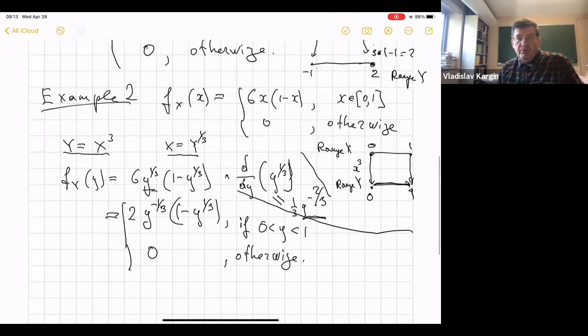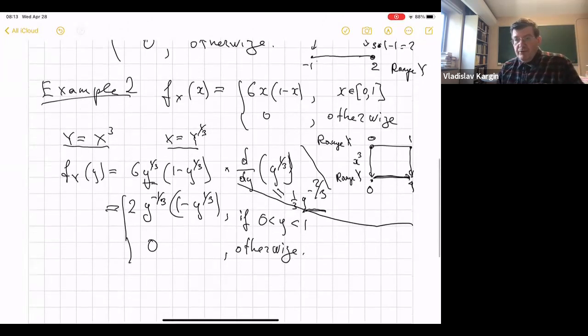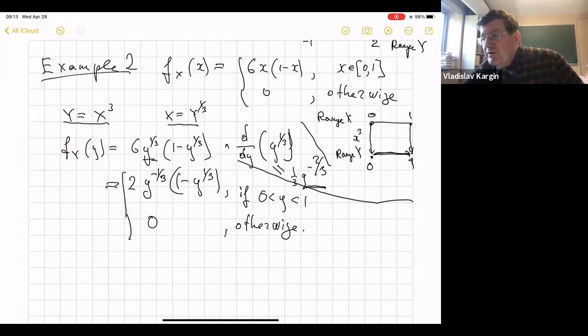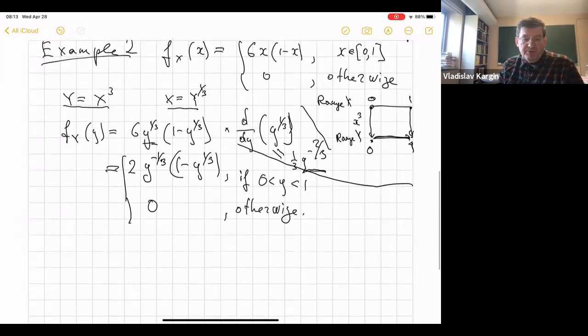So maybe one more example of using this. This is for one-to-one transformations which have an inverse. Which are one-to-one. This is the simplest possible method.